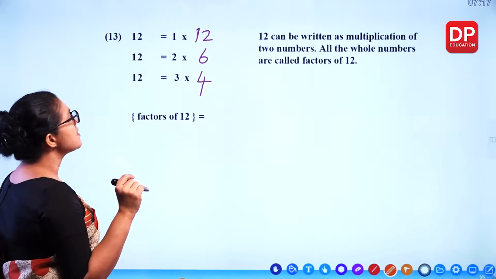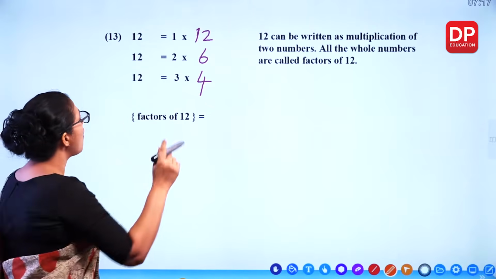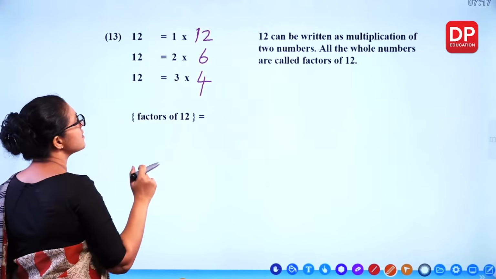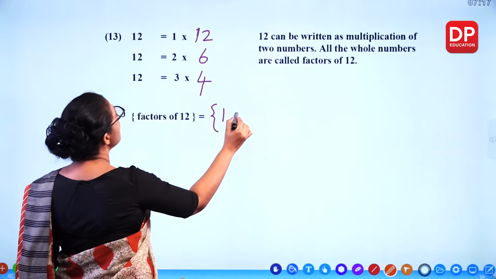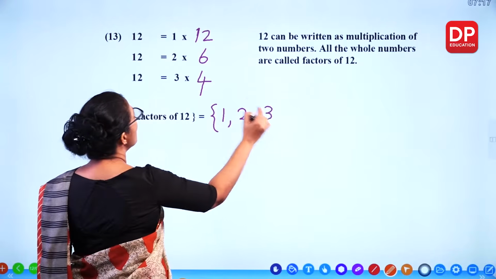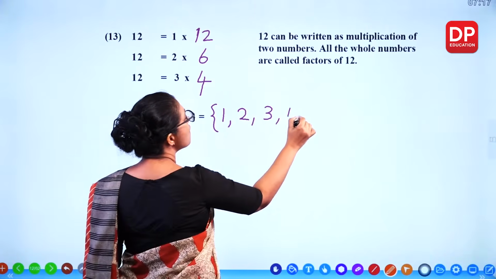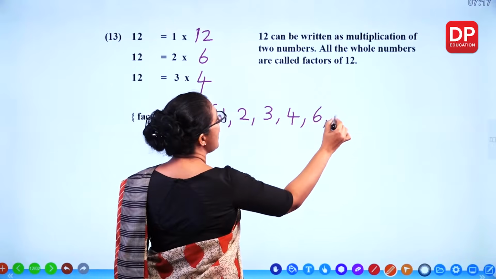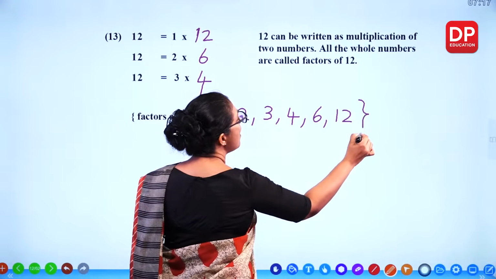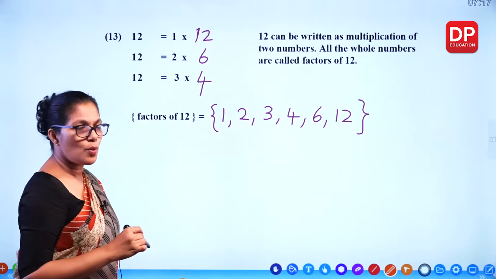All these whole numbers are called factors of 12. So what's the lowest one? 1. Then 2, 3, 4, and what else? 6 and 12. Those are factors of 12.